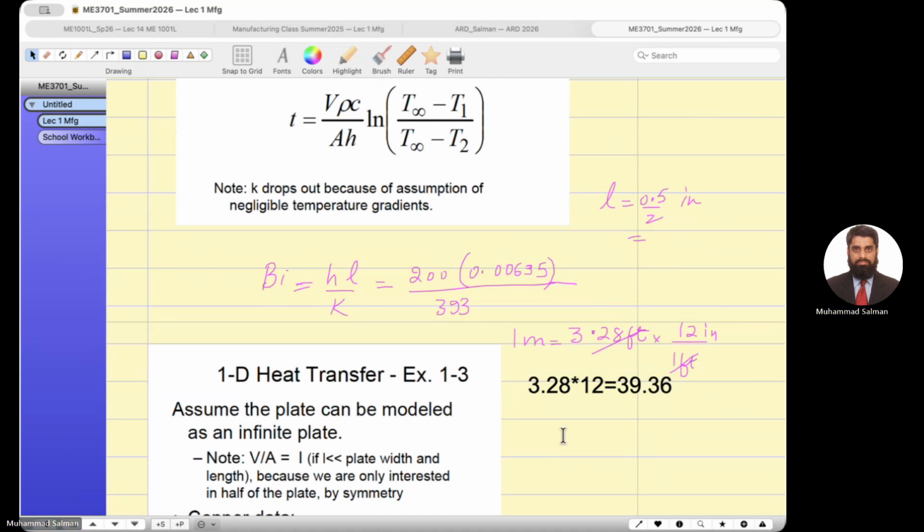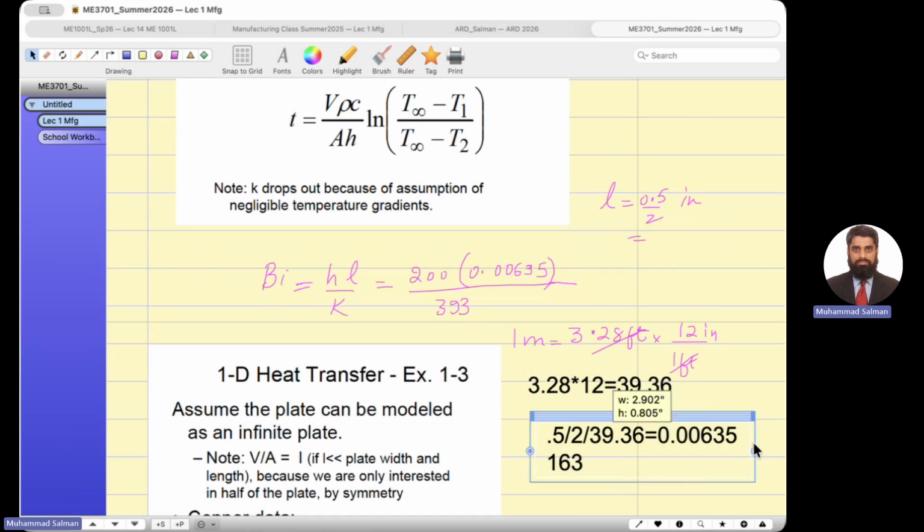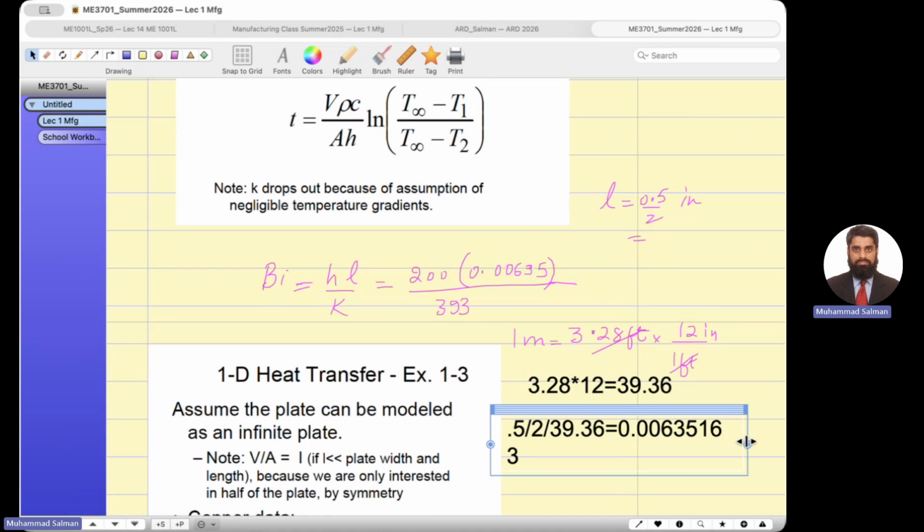Then 0.5 divided by 2 divided by 39.36. Yes, divide, sorry, I said multiply. So you see, it's in meters.